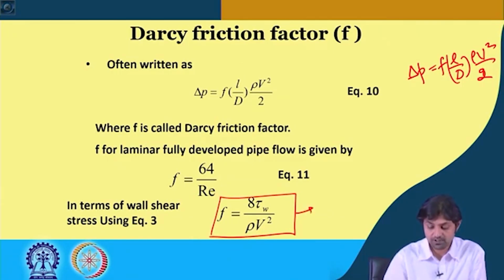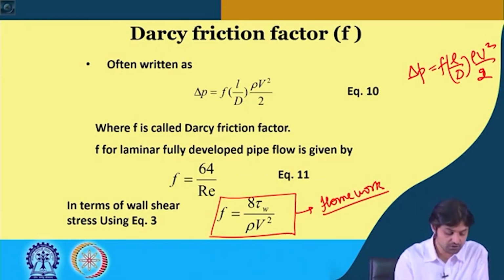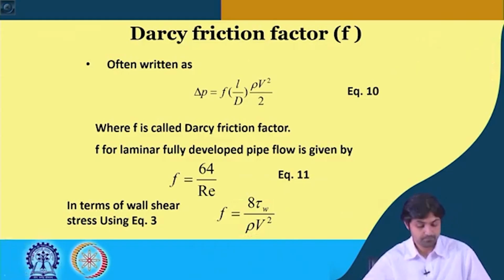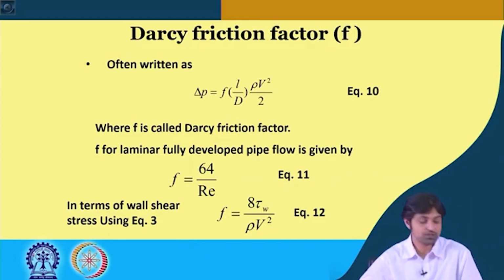This is quite simple. Do it as your homework. If you have any problems, you can ask me in the forum. And this is equation number 12. It is just a matter of equating to obtain this in terms of wall shear stress.